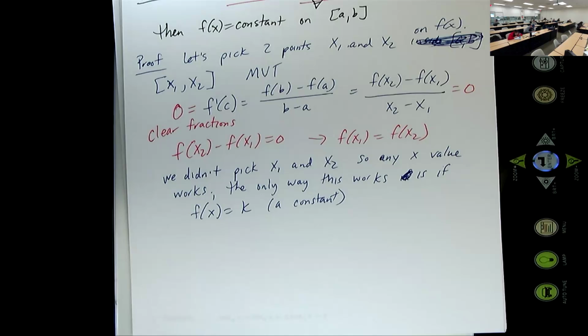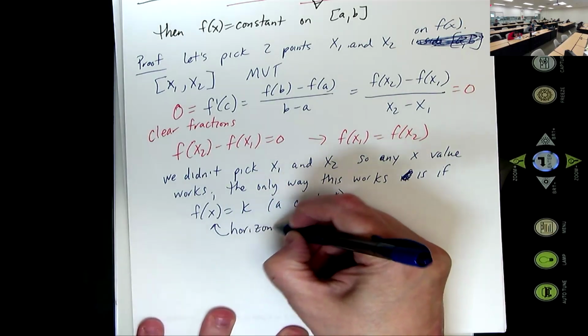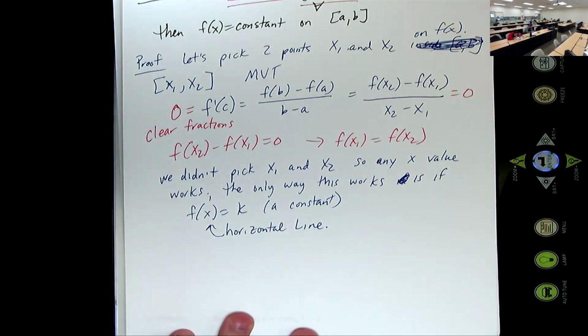A curve has different values of f anywhere on the curve. The only one that doesn't is a horizontal line. Not the most exciting one.